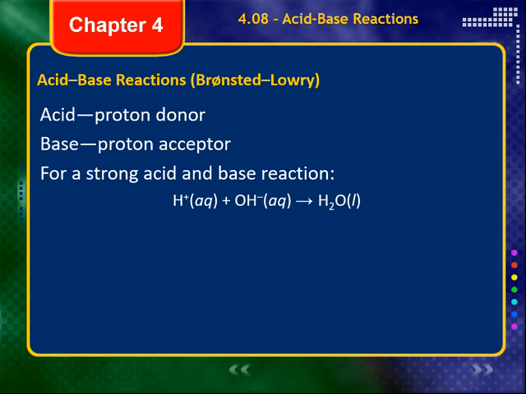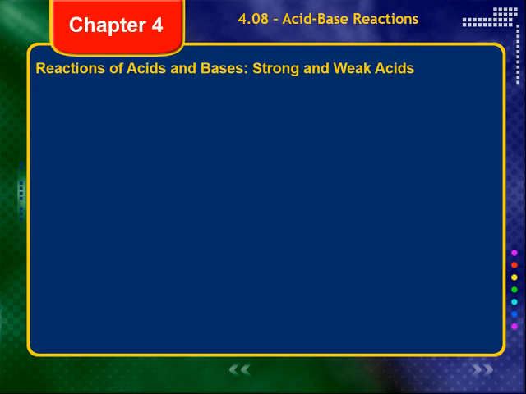One of the things that you're typically going to see at the end of an acid-base reaction is water. H+ is a proton. OH- is one of the easiest, strongest proton acceptors in the world, and this is about as simple of an acid-base reaction as you can get.